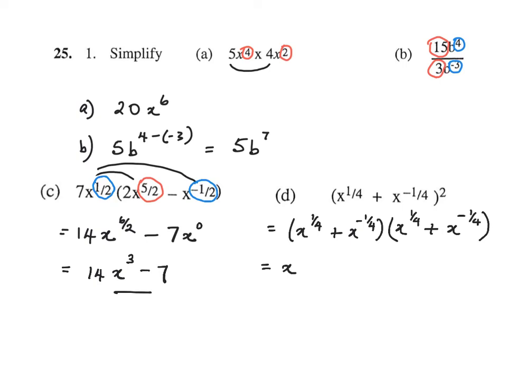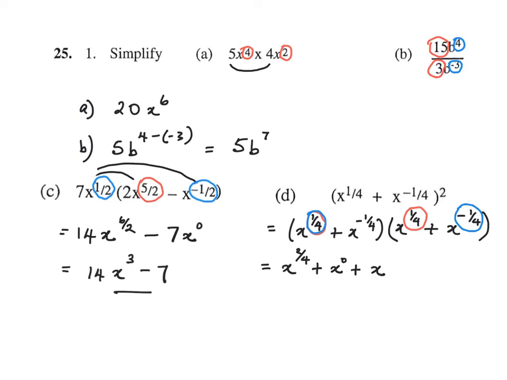So what I'm going to do is I'm going to add these two numbers. 1/4 plus 1/4 is 2/4, plus x to the power of, so I'm going to add this number, 1/4 plus minus 1/4. 1/4 plus minus 1/4 is 0.